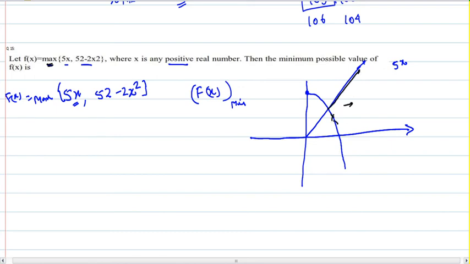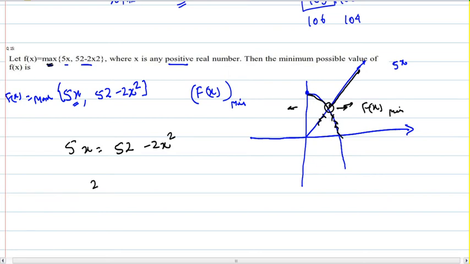On the right side, this is the upper graph. So this does not exist. On the left side, this curve is the upper graph. So this does not exist. So this intersection point is the function's minimum. For that, I will have to find x and put it back in the equation. So again, I'm going to equate both sides.